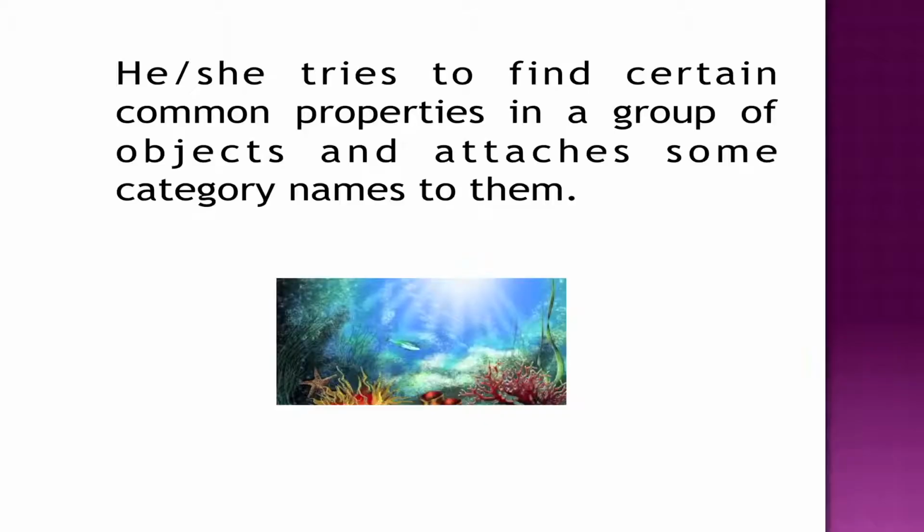All concepts represent a set of features connected with the help of some rule. The individual learns to respond to objects in his or her environment in terms of their different features like color, shapes, position, number, and so on. He or she tries to find certain common properties in a group of objects and attaches some category names to them.